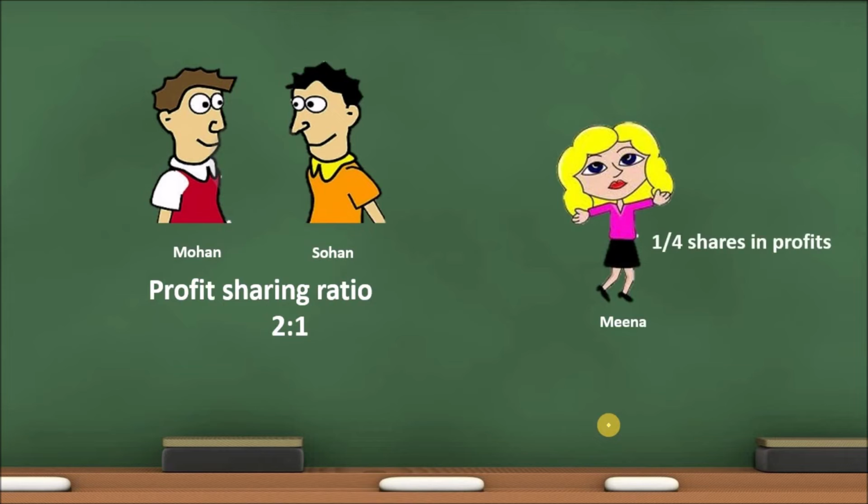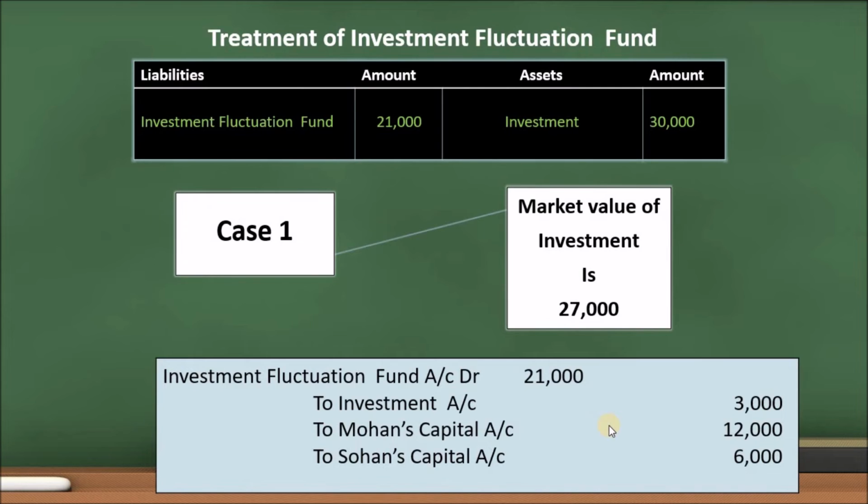So the same example where Mohan and Sohan are partners and Meena is a new partner. Please remember that Meena is not going to get a share of accumulated profits and losses. So case 1, when the market value of investment is 27,000, the journal entry is investment fluctuation fund account debit 21,000.